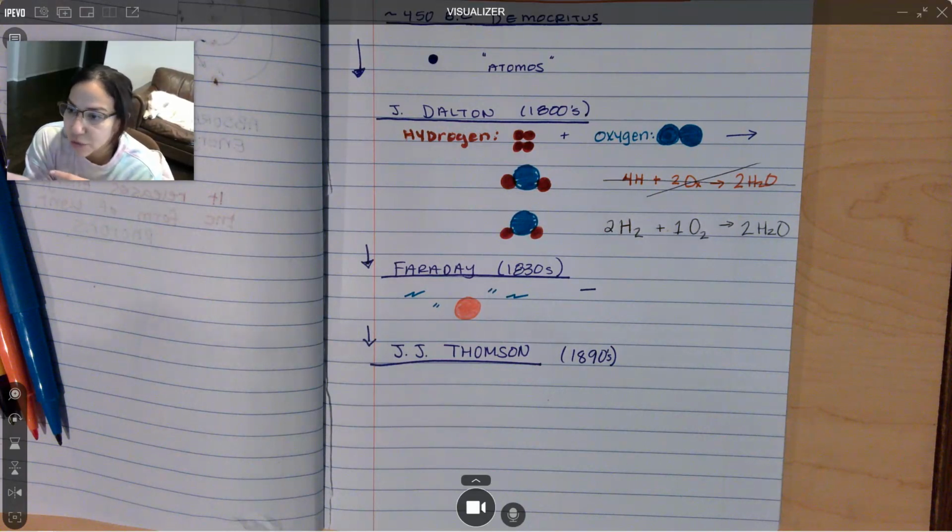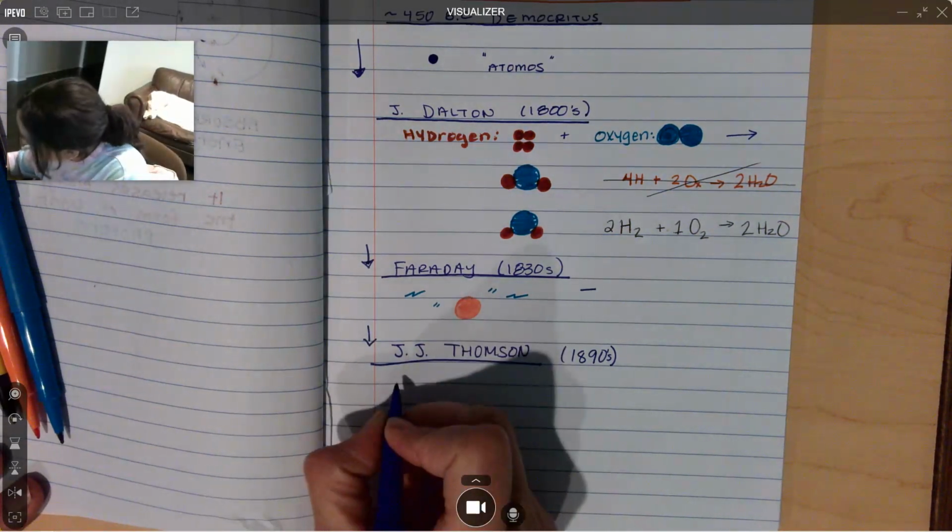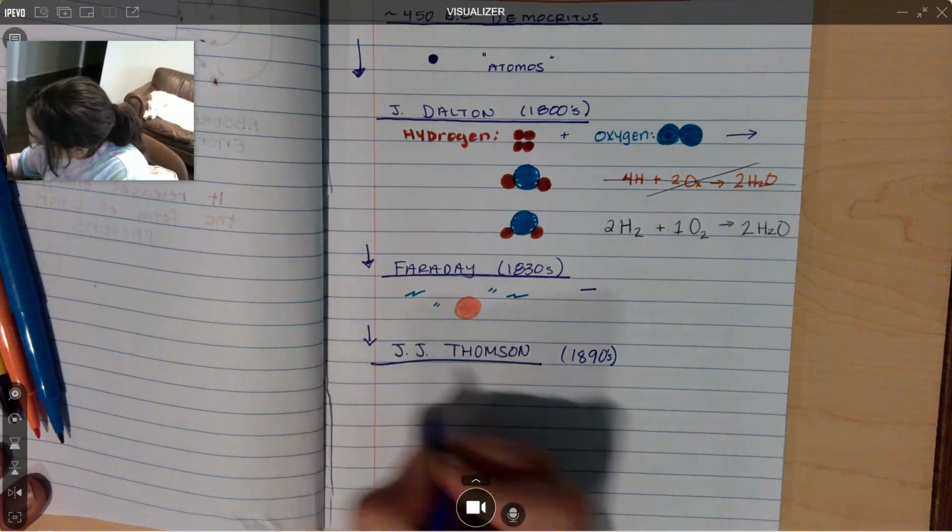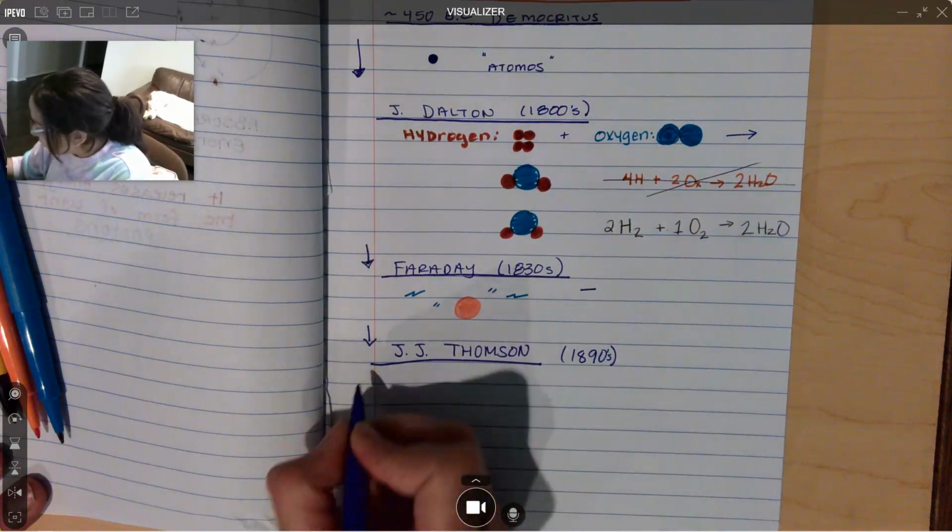He used the cathode ray tube experiment, and in it, he threw gas inside, and he noticed that certain particles were going straight for the positive end of the tube. He discovered the electron, and he actually discovered the charge of electrons as well. So the cathode ray tube experiment led to the plum pudding model.